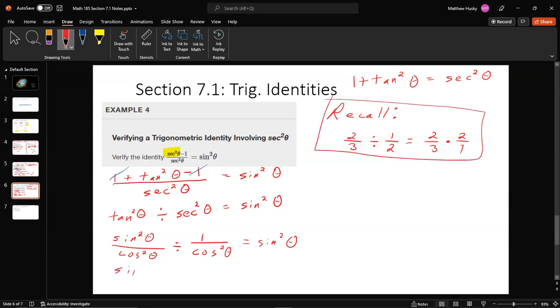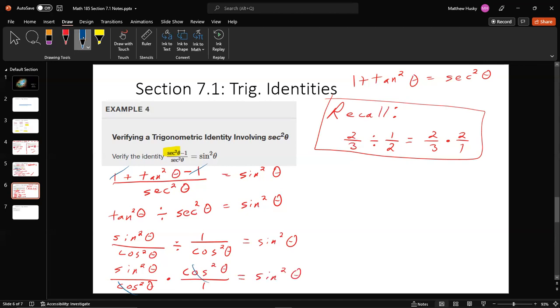So what's going to happen is we're going to do sine squared theta over cosine squared theta, and we're going to multiply by cosine squared theta all over 1. And that equals sine squared theta. We're basically finished at this point because, like before, lo and behold, cosine squared down here and cosine squared up there end up canceling each other out.